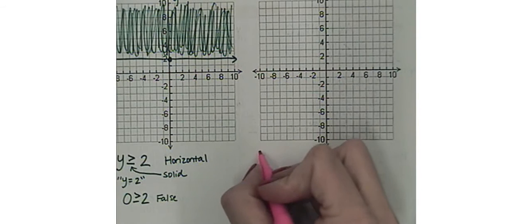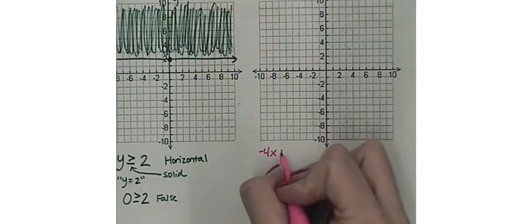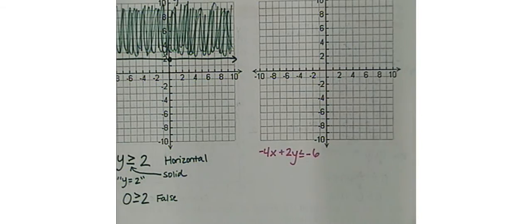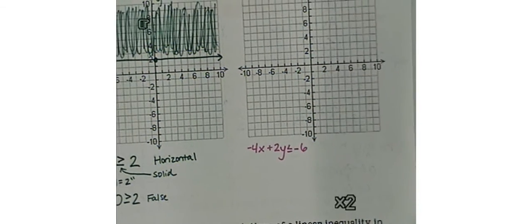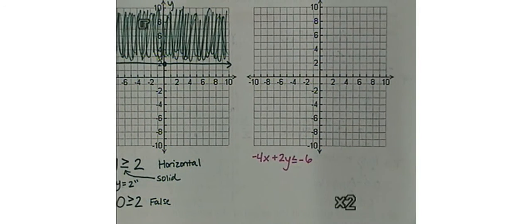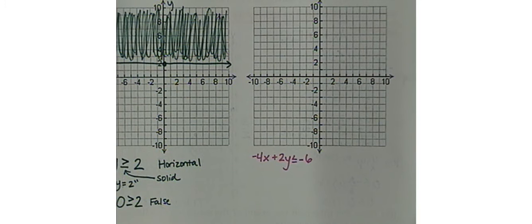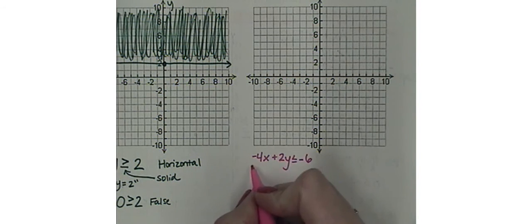All right, negative 4x plus 2y is less than or equal to negative 6. So we want to convert this to slope-intercept form, which means I want to get 2y alone first. So I want to move this negative 4x.